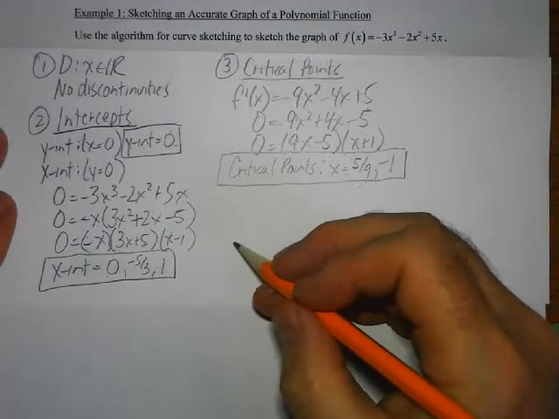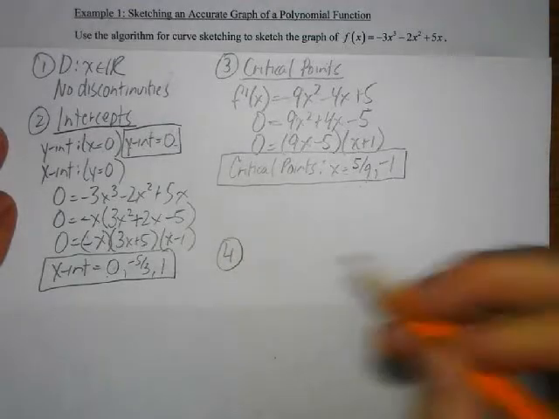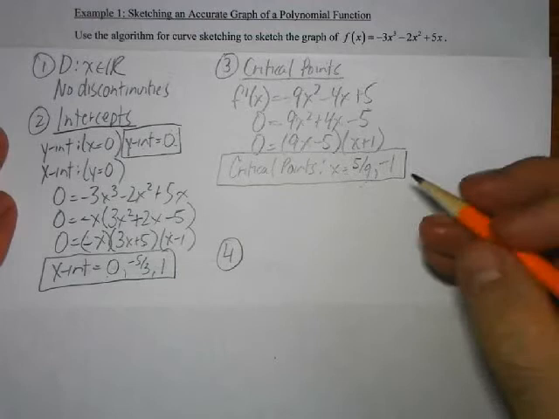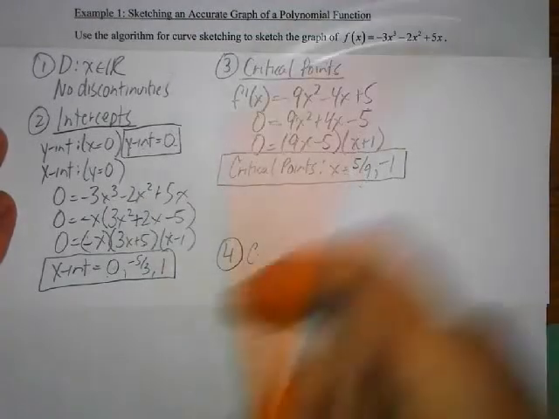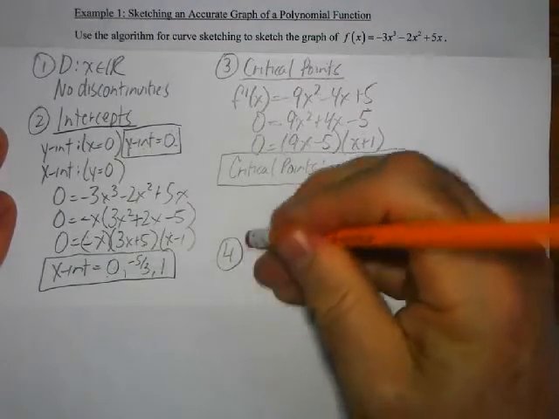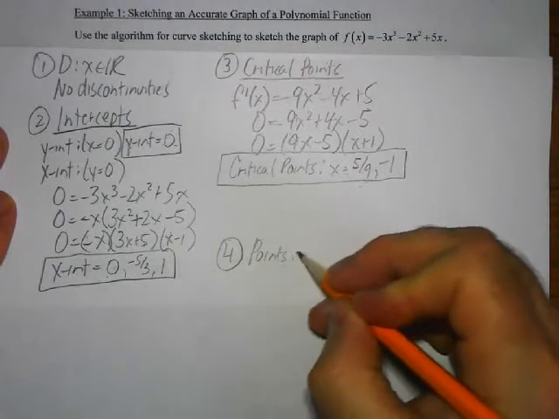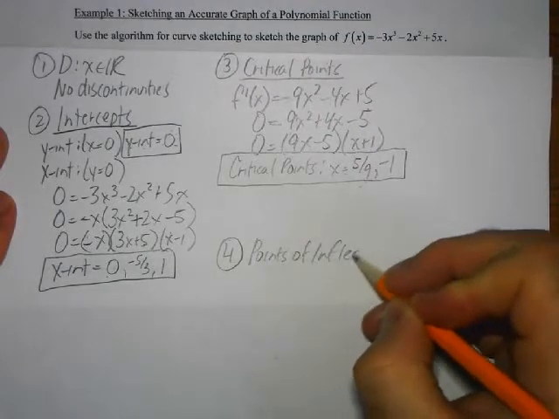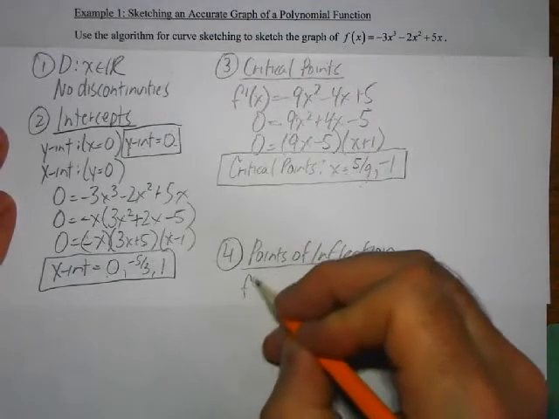So what I'm going to do here is skip down to the next step for now, where I find the second derivative. So I'm looking at, let's just call it, possible points of inflection. This is where you look at your second derivative. So that's the first thing I have to do.